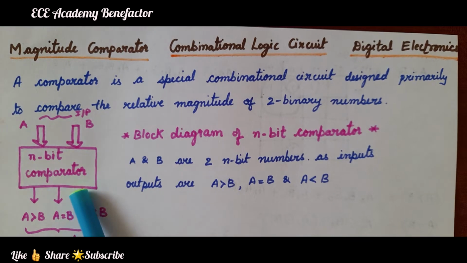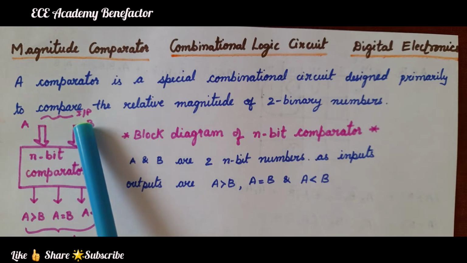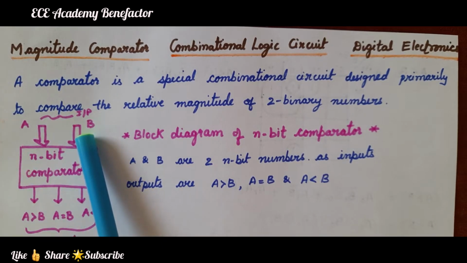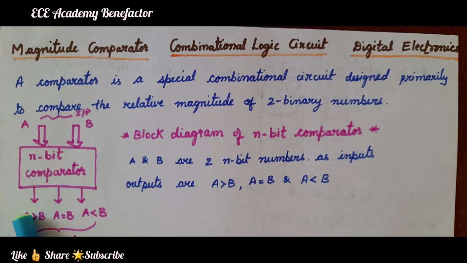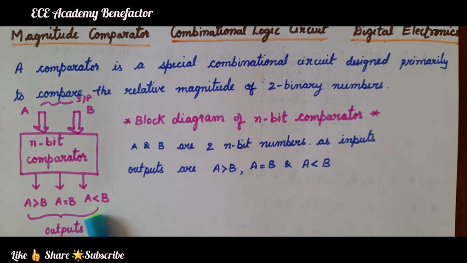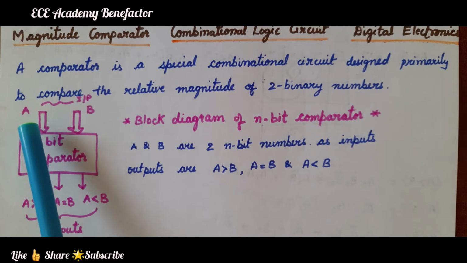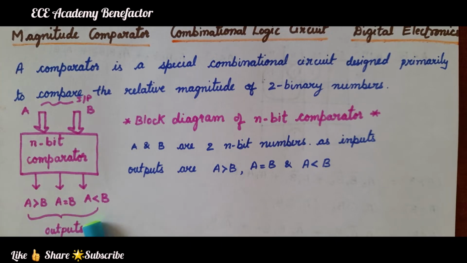This is a block diagram of an n-bit comparator where two numbers A and B are taken as inputs, and these A and B are n-bit inputs. After comparison, the outputs are either A greater than B, A equal to B, or A less than B.